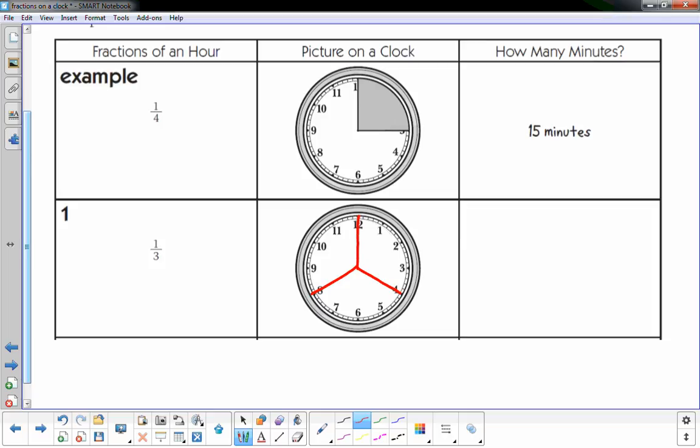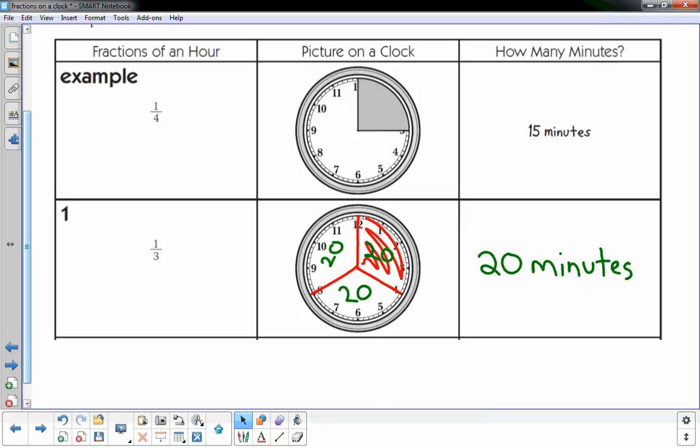And then one of the 3 would be shaded. And these are each 20 minutes. So this is 20 minutes. Let's go on to the next one.